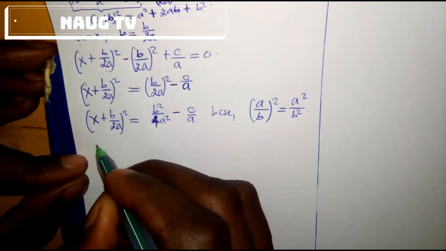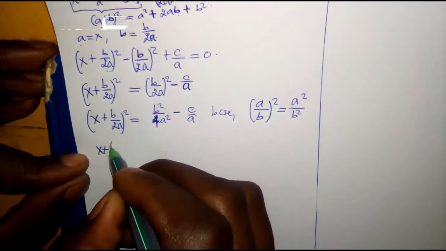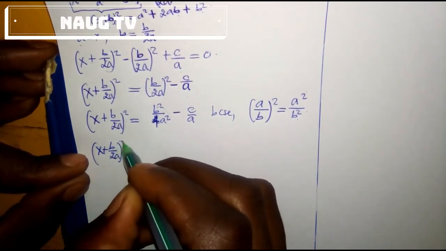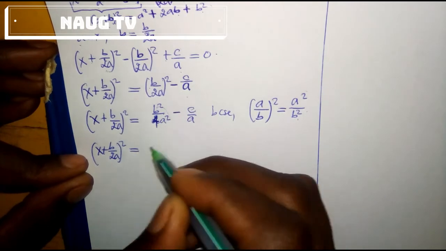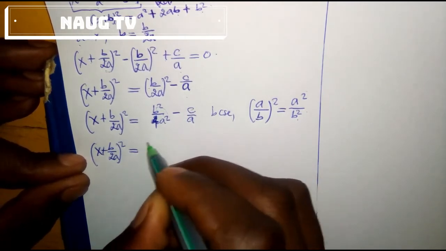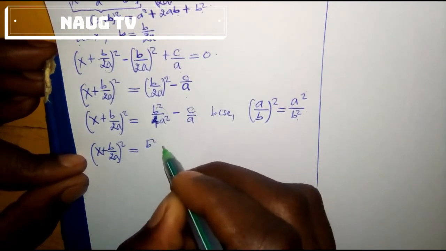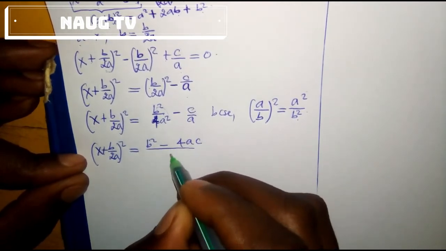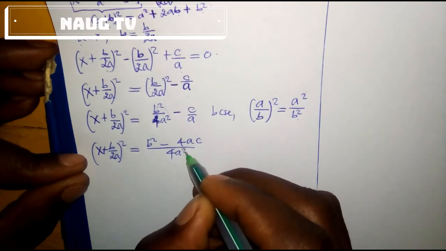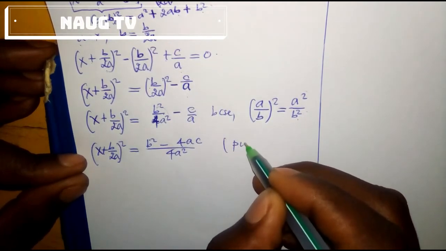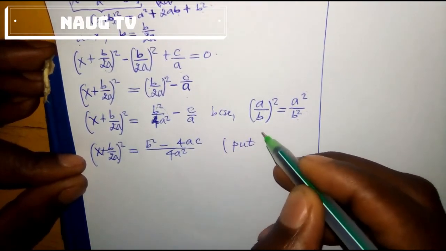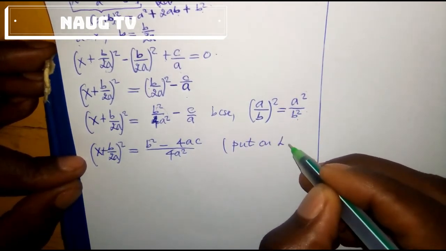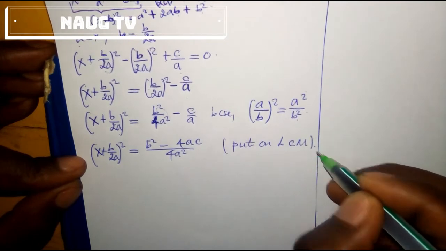And now x plus b over 2a squared would be equal to b squared negative 4ac over 4a squared when we put on lowest common multiples.